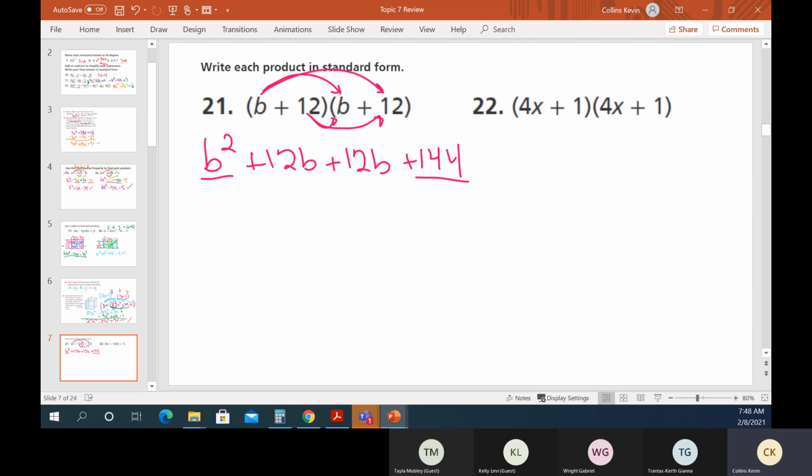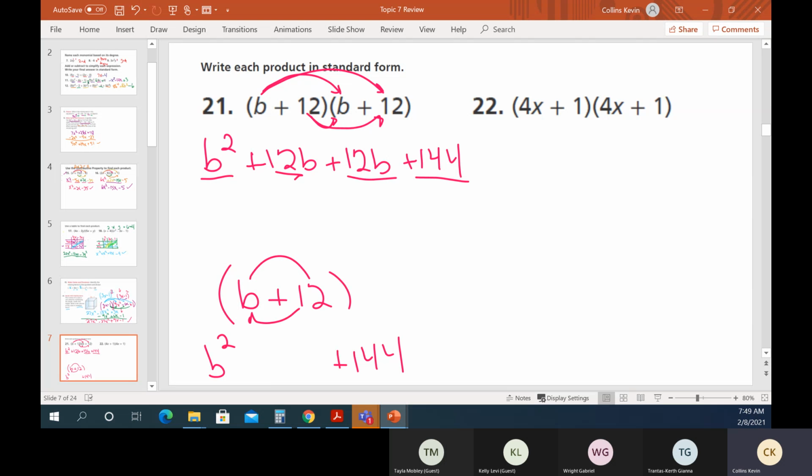So this was that whole idea that if they had given it to us as this, we'd say square the b, square the 12, and these two guys give me b times 12, or 12b. And as you see, when we go back the other direction, you're going to get the same thing.